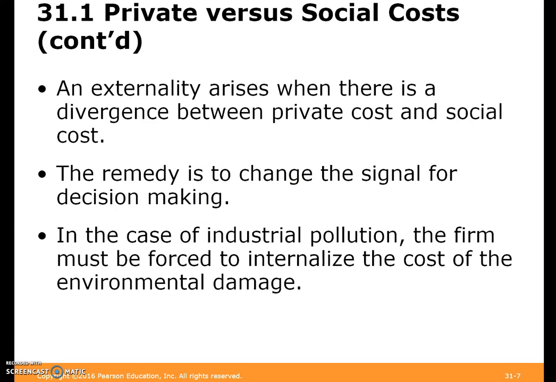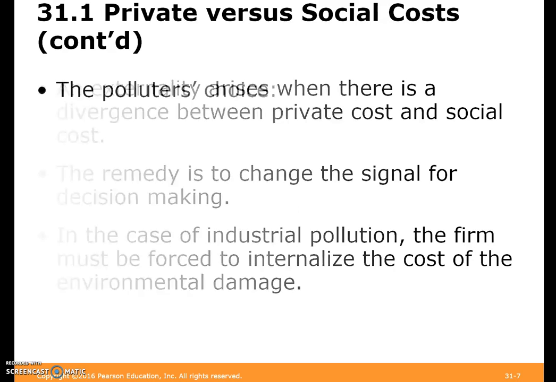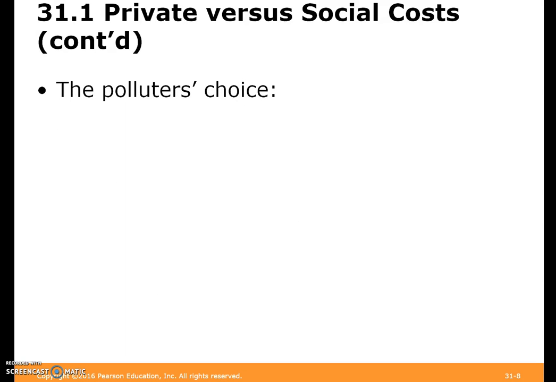An externality arises when there is a divergence between private cost and social cost. The remedy is to change the signal for decision making. In the case of industrial pollution, the firm must be forced to internalize the cost of environmental damage. So here's the polluter's choice.